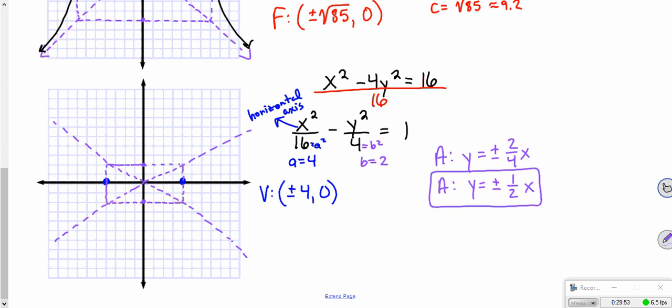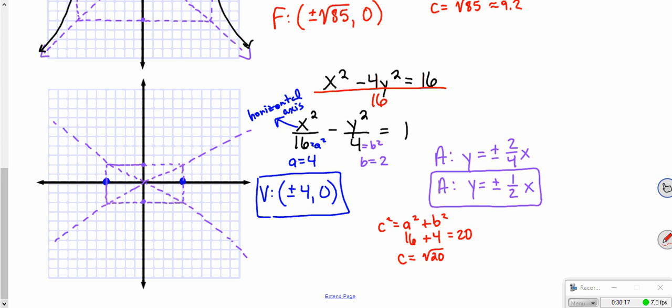Okay. Now, I've got vertices, I've got asymptotes, let's do foci. Remember, on my foci, c squared equals a squared plus b squared. Well, that is 16 plus 4, which is 20. So that means c equals the square root of 20, which is 2 root 5, which as a decimal is approximately 4.5.